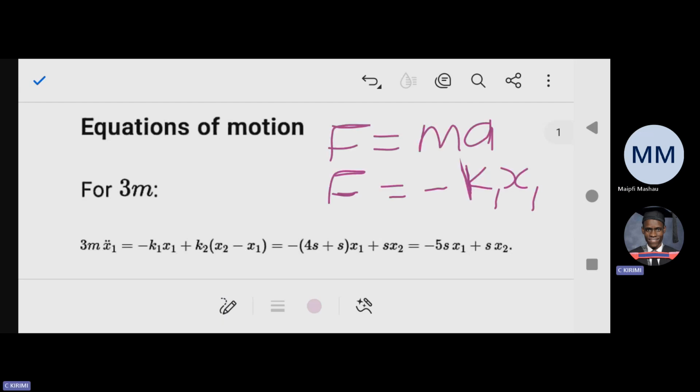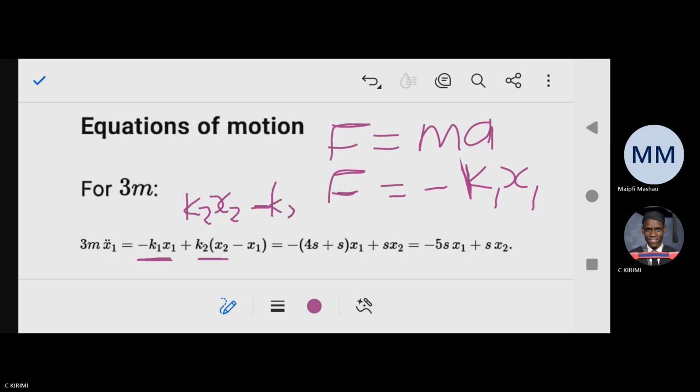For it to be balanced, the restoring force is minus k1 times the displacement x1 for the 3 kilogram block, plus k2 x2, then minus k2 x1.